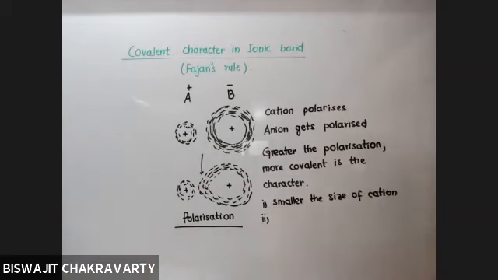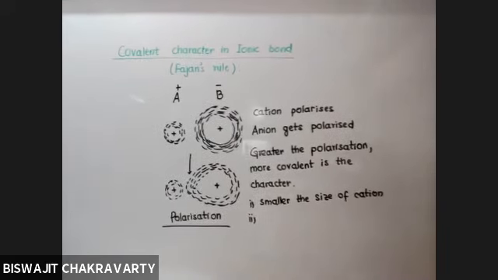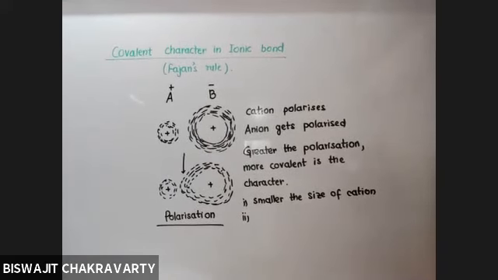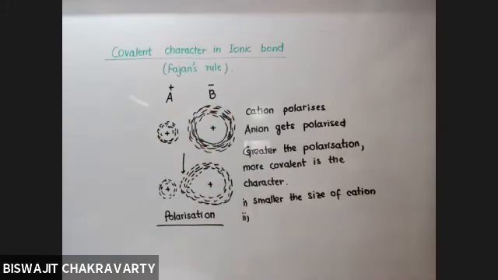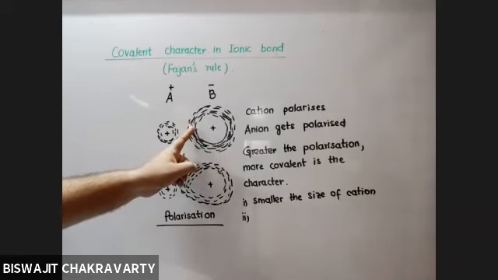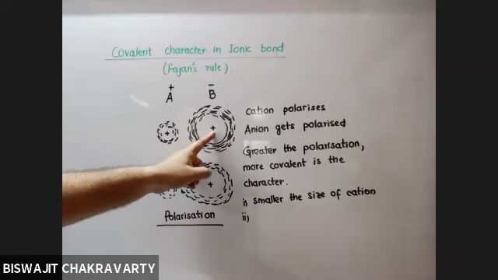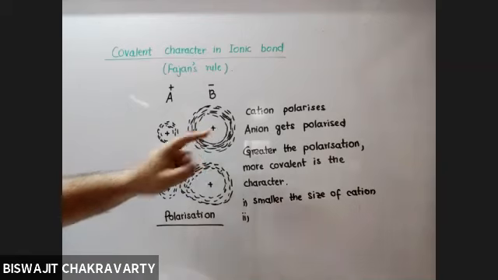Number two, what should be the size of anion? Should it be large or should it be small in order to have greater polarization? Tell me. Large. It should be large. Why it should be large? Because if anion is small, then obviously the electrons will be more under its own nucleus's control.